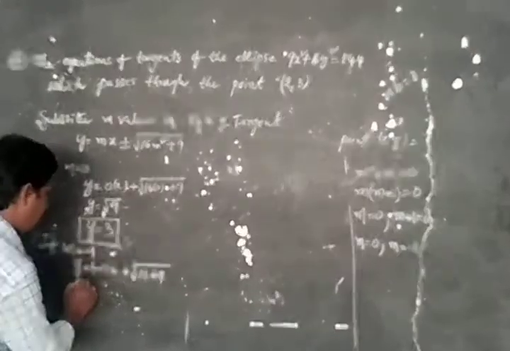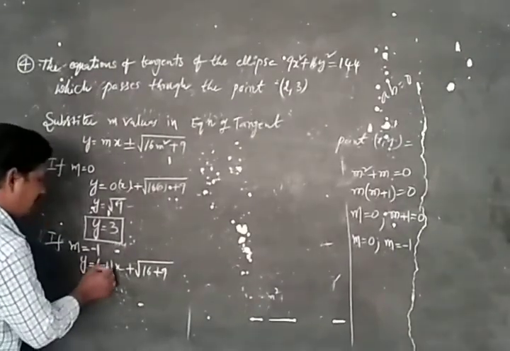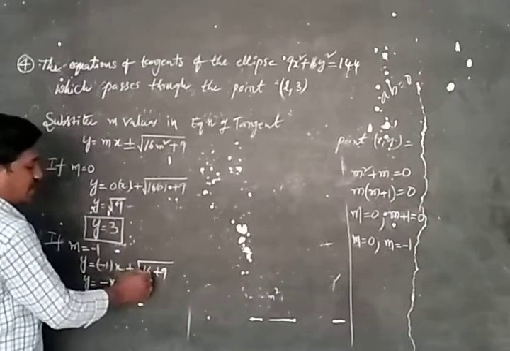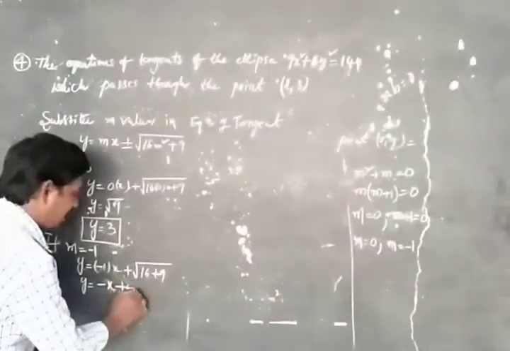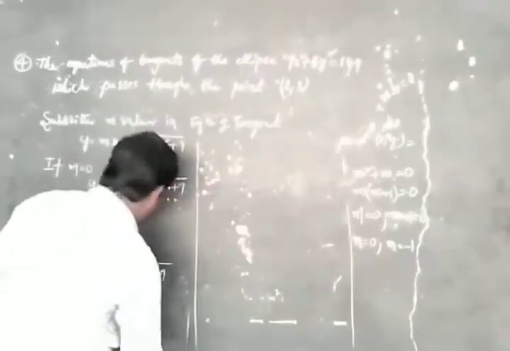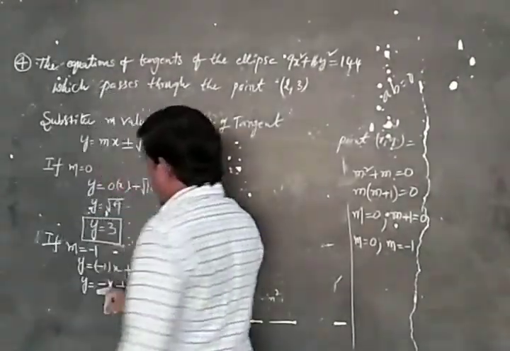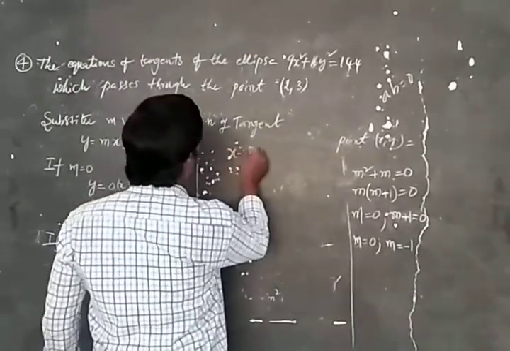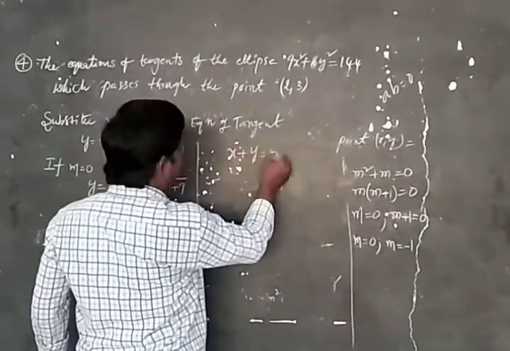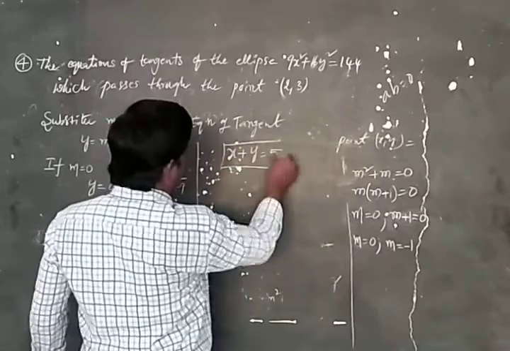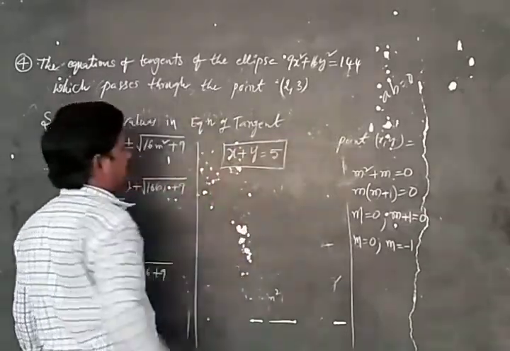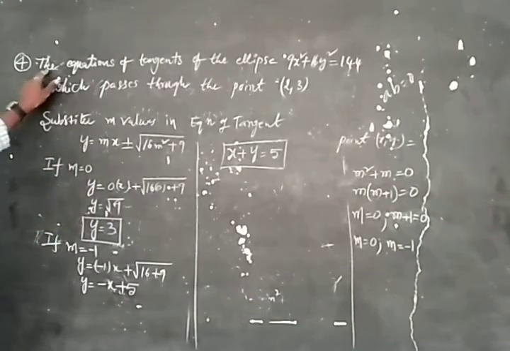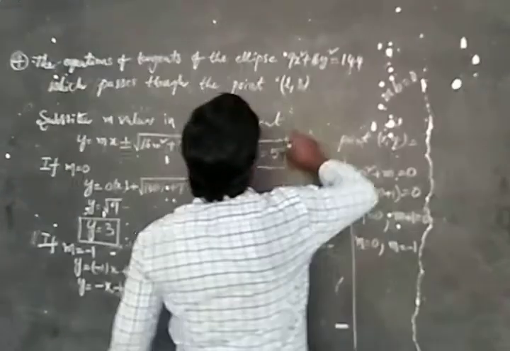So y equal to minus 1 into x, that is minus x, plus root of 16 plus 9, which is 25, that means 5. So y equal to minus x plus 5, that means x plus y equal to 5. This is another tangent equation. Okay, so we got two equations of the tangents to the ellipse.